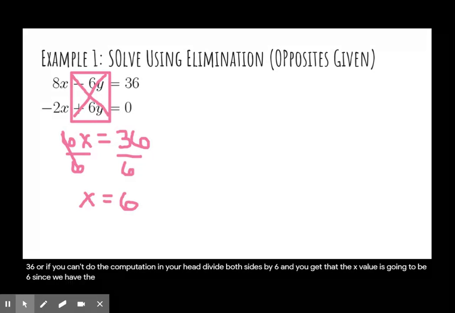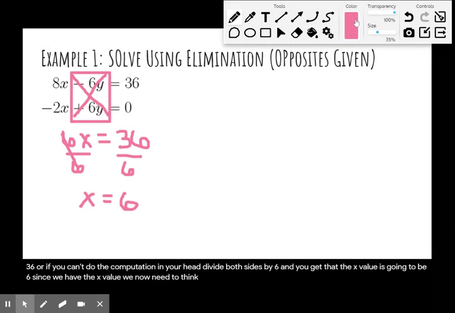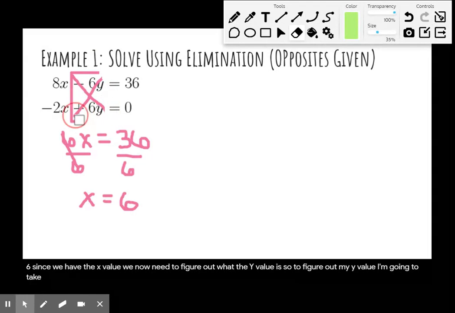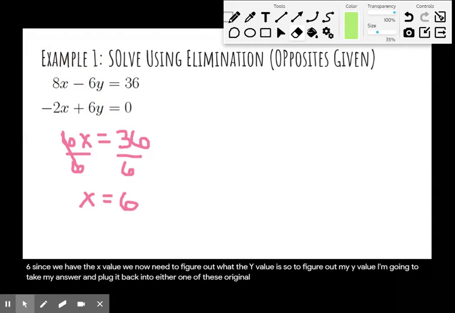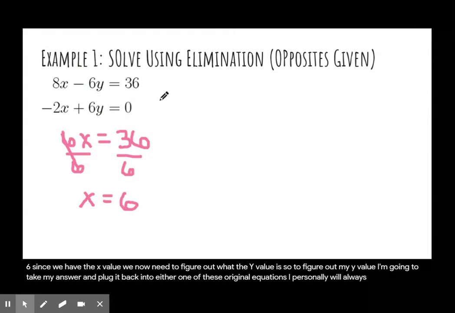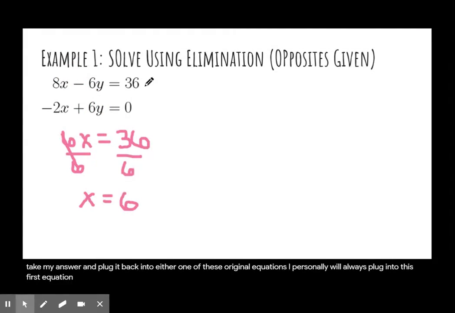Since we have the x value, we now need to figure out what the y value is. So to figure out my y value, I'm going to take my answer and plug it back into either one of these original equations. I personally will always plug into this first equation, but you don't have to.